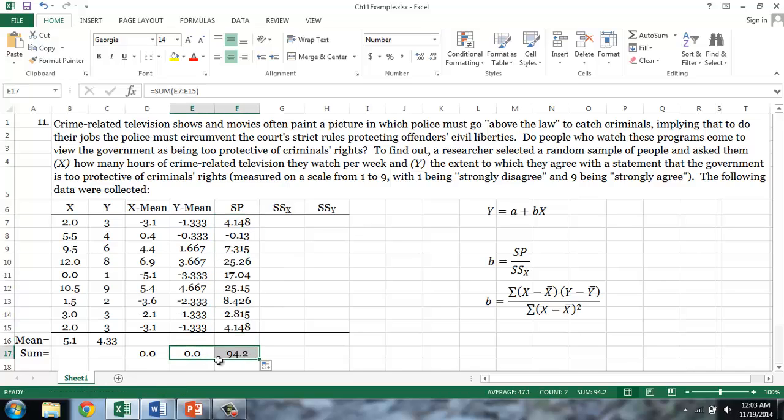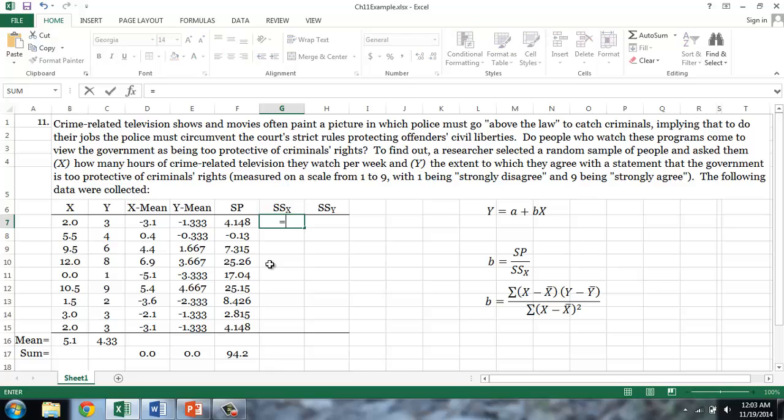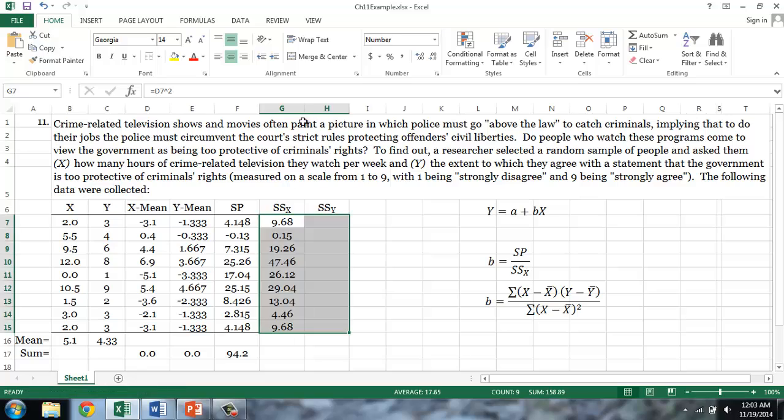And I would like the sum of those as well. Finally, I'll calculate the sum of squared deviations for x, which is simply the x deviation squared. And the sum of those deviations is equal to 158.9.